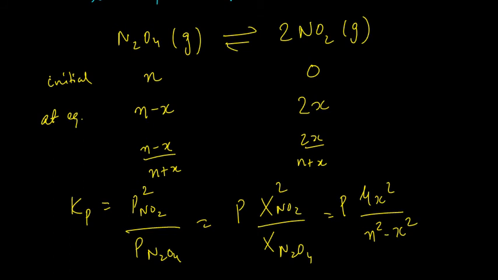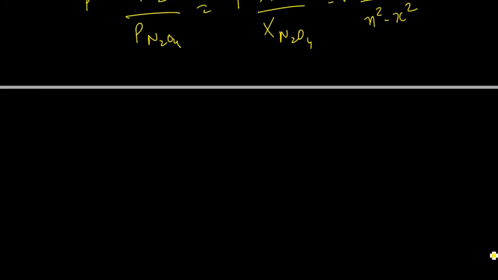I need to get to the point where I can see the extent of reaction. So let's define the extent of reaction as the amount of NO2 formed divided by the amount of N2O4 that we started with.